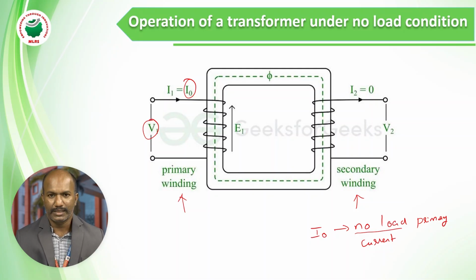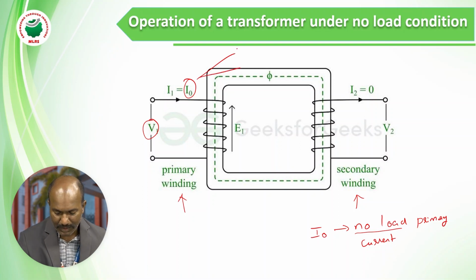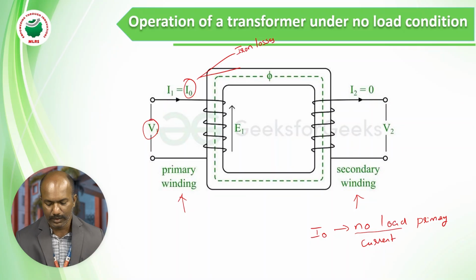Now what happens when I0, that is this no load primary winding current, flows through the primary winding? The purpose of this I0 is to meet two things. First, it is used to meet iron losses present in the transformer. So I0 has two components.